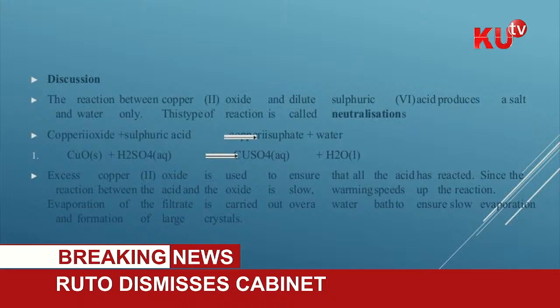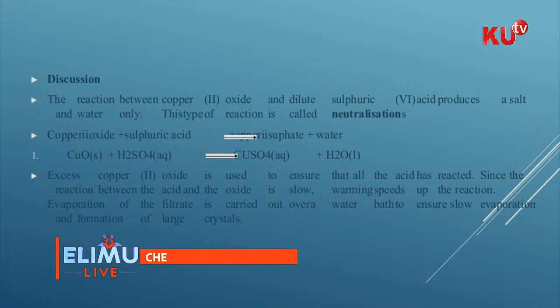And remember, the reaction between the acid and the oxide is a little bit slow. Also, we warm the acid to speed up the rate of reaction between acid and oxide, for instance copper(II) oxide. We warm the acid before you add the copper(II) oxide.